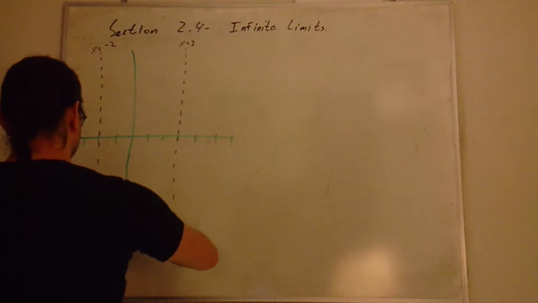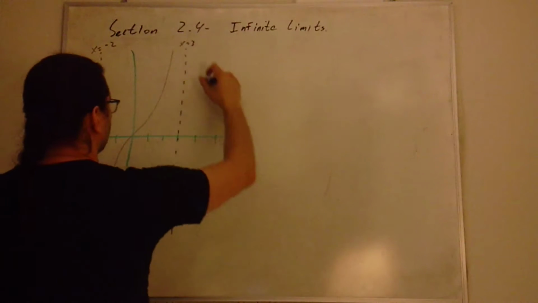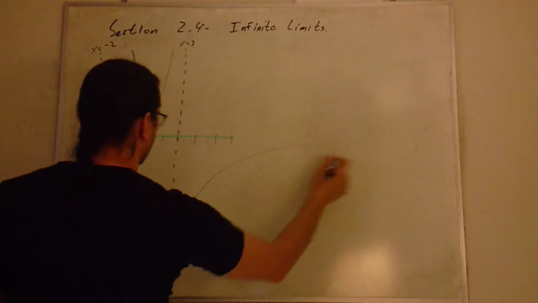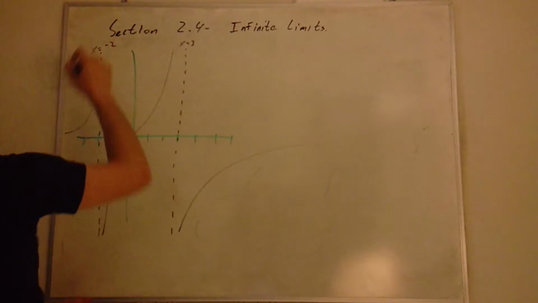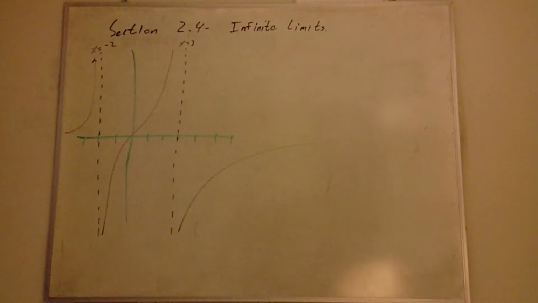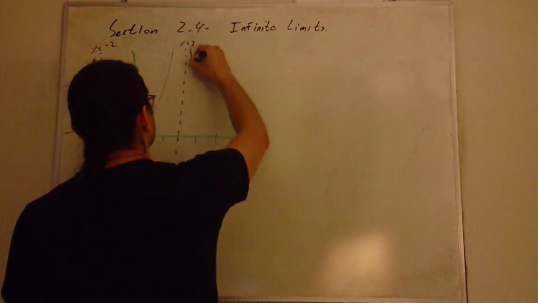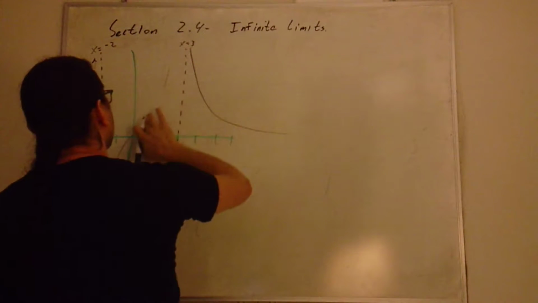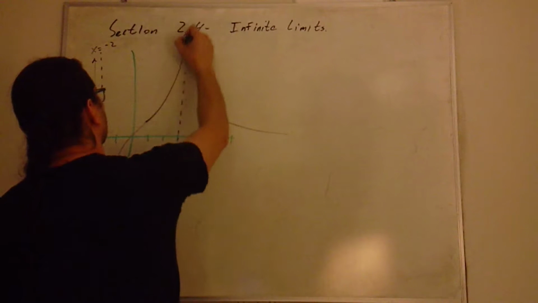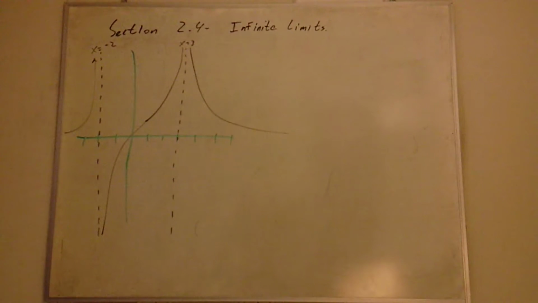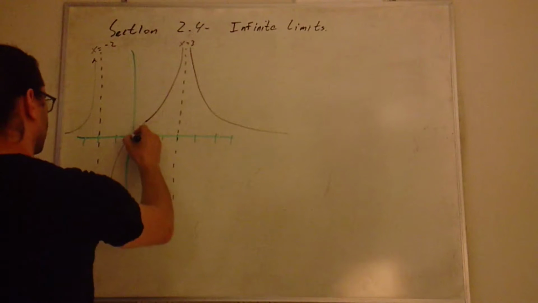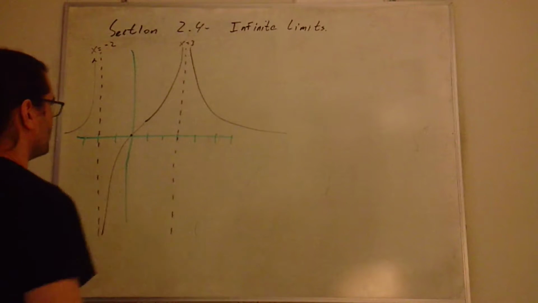So maybe our function's doing something like this. This is a pretty reasonable expectation for a graph of a rational function. I'm going to change it a little bit. Make that a little closer. There we go. This is a reasonable graph for a rational function. We could imagine a graph looking like this with our vertical asymptotes and our x-intercept, and we probably got a horizontal asymptote in that direction.